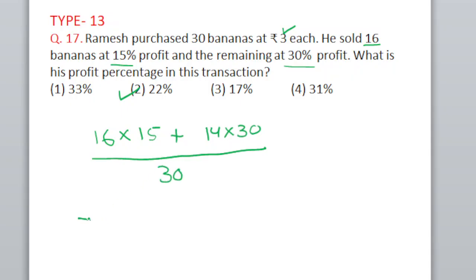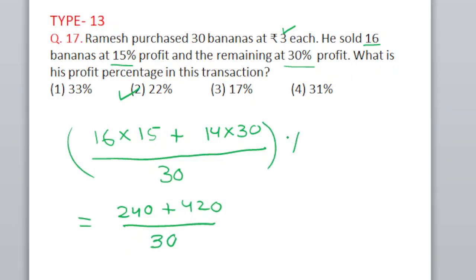So that is equal to 240 plus 420 divided by 30. Now this is the percentage, and again this is also percentage.